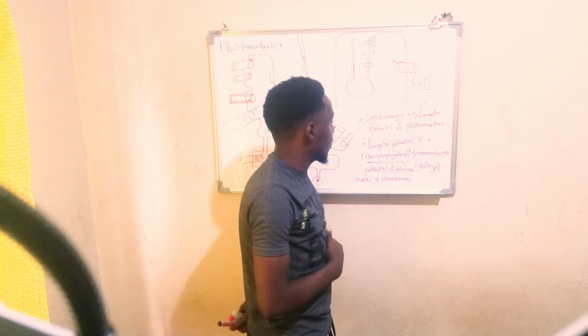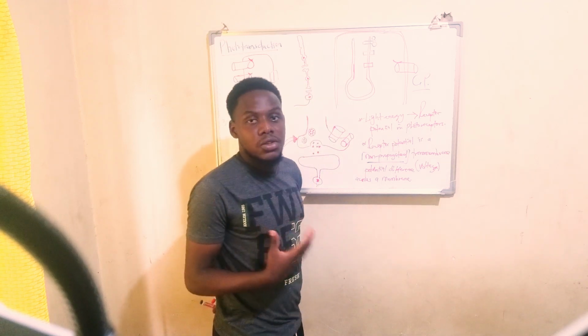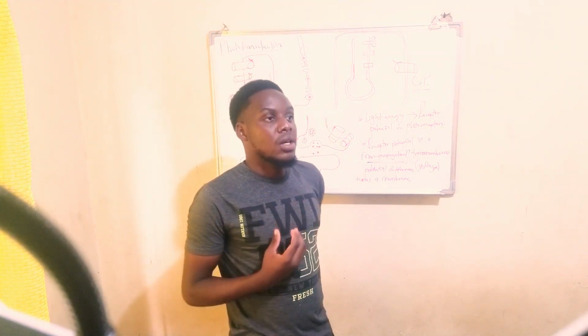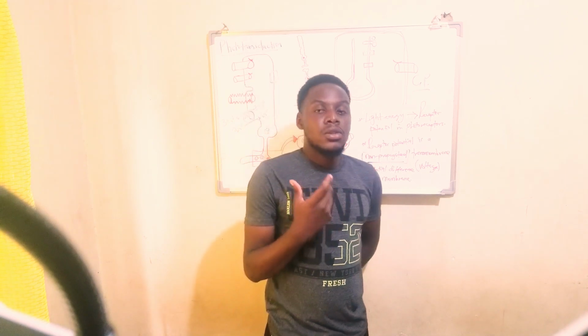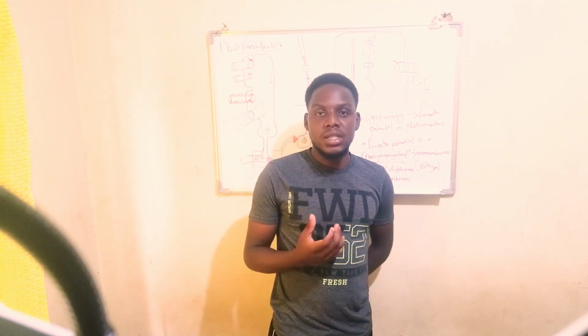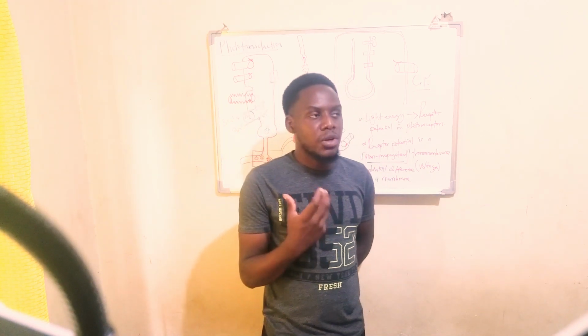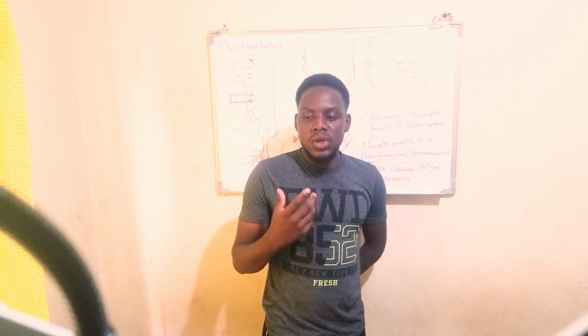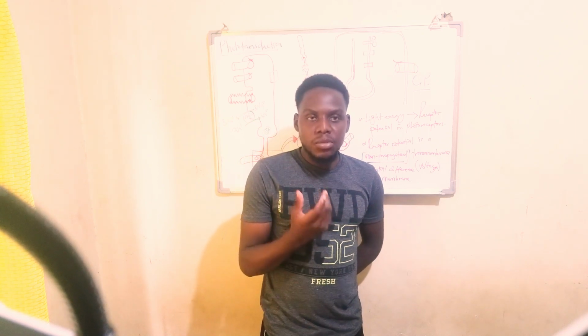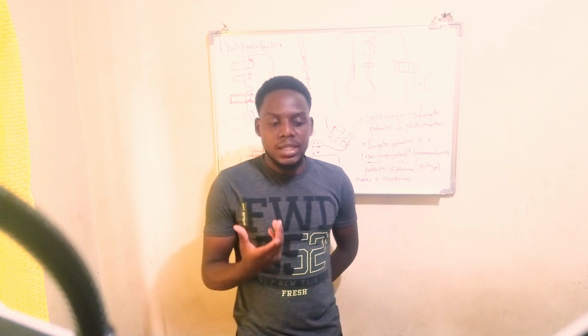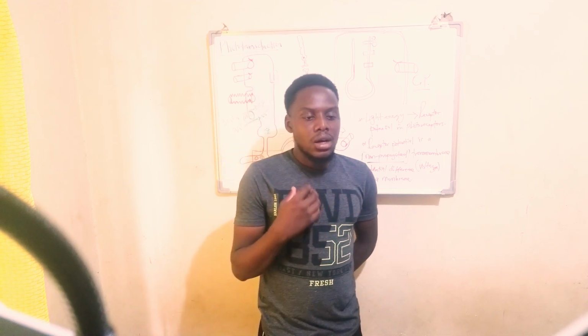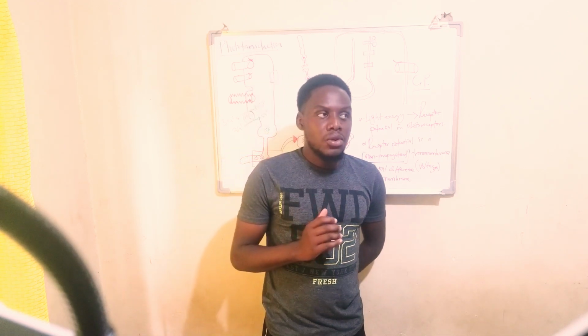What we should take note of is that in most sensory receptors, when those sensory receptors are stimulated, they get depolarized, and this depolarization leads to an action potential. That action potential leads to the release of neurotransmitters at the synaptic terminal.